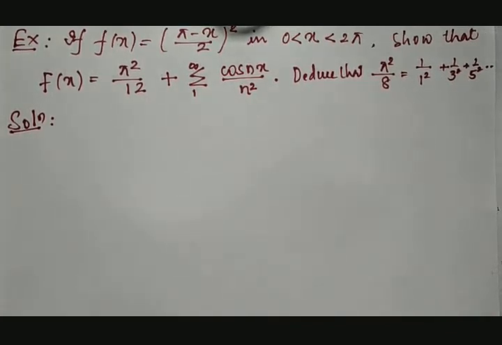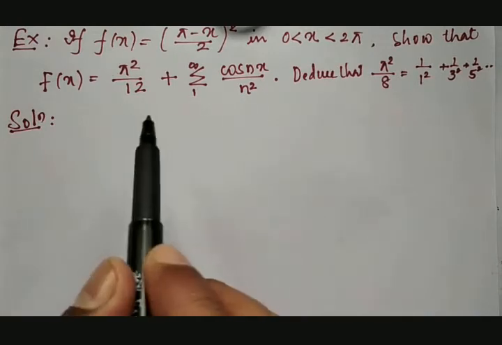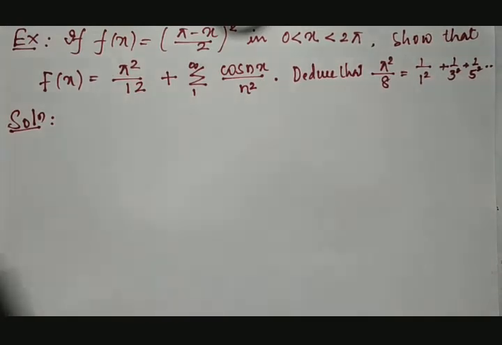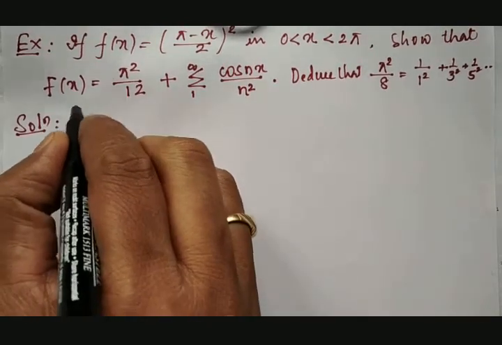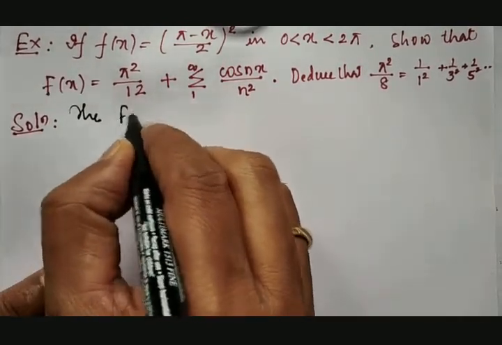In this word he has not used the title Fourier series, but after looking into this series it is understood that it is a Fourier series which we need to calculate. So very first, we'll consider the given Fourier series expression.